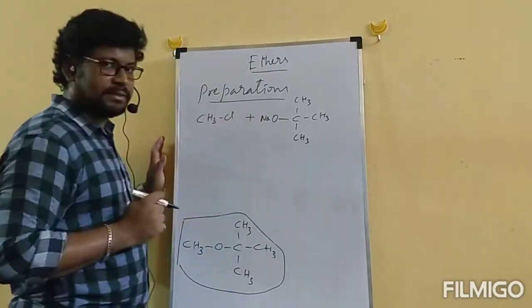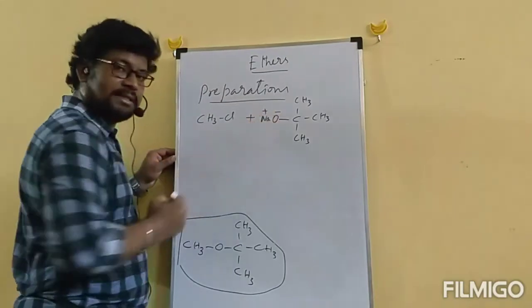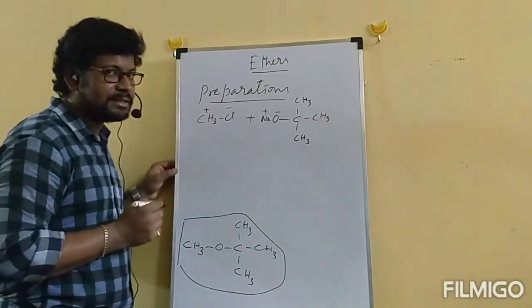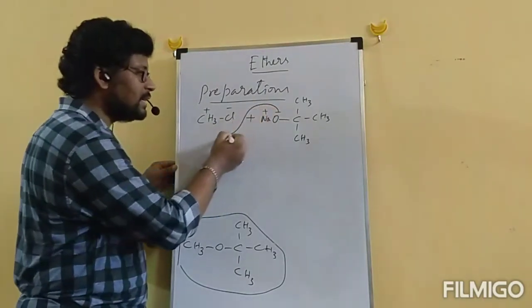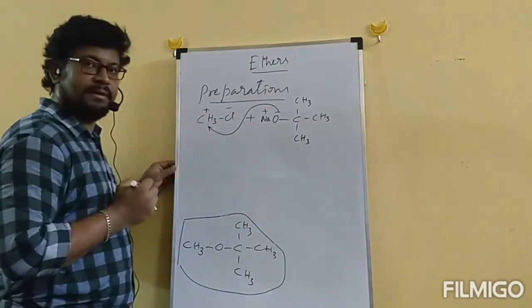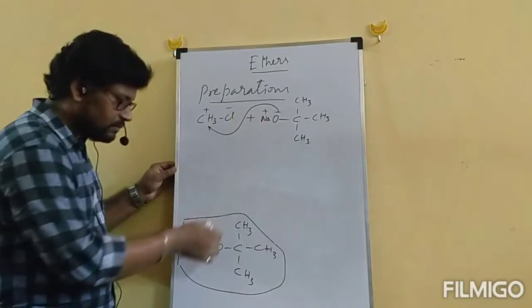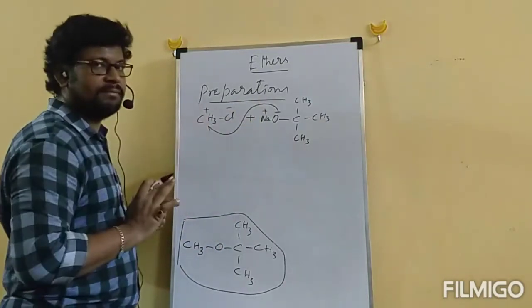This is O minus and this is Na plus. Here this is CH3 plus and this is Cl minus. This O minus will attack this CH3 plus, and the remaining Na plus and Cl minus will combine to form NaCl. It is the correct procedure.